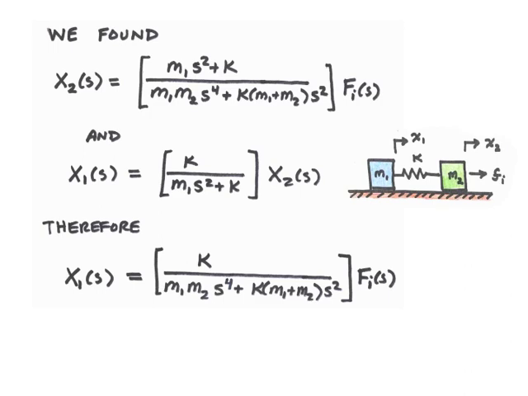So now I can substitute the first equation into the second equation to eliminate x2 of s. This will give me the relationship between the input force Fi and the displacement of mass 1, that is x1. So this is a different transfer function. Previously we found the one between Fi and displacement of mass 2, and now we can find it between Fi and displacement of mass 1.